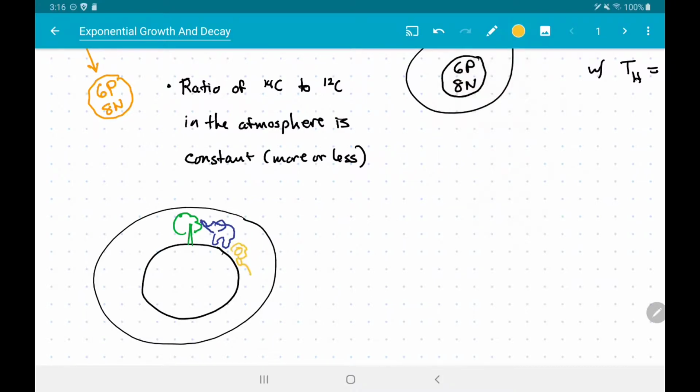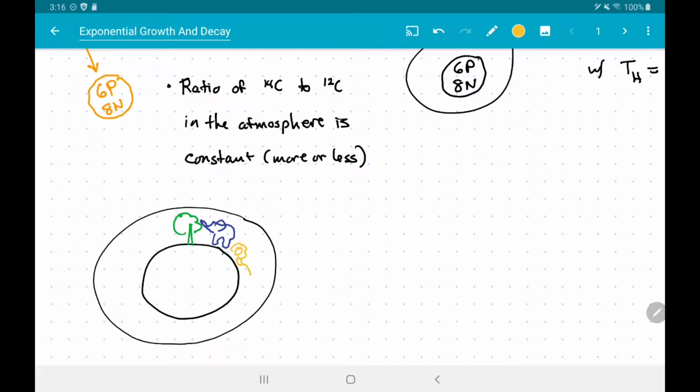And what happens is that over time, all organisms that are eating plants develop the same equilibrium ratio of carbon-14 to carbon-12 in their bodies. Now, as soon as an organism dies, that ratio starts to change because they are no longer ingesting fresh carbon.